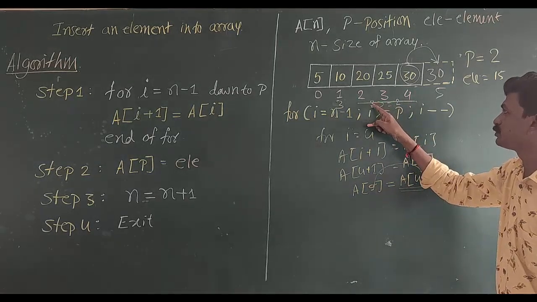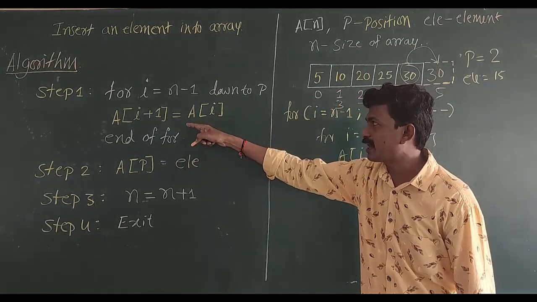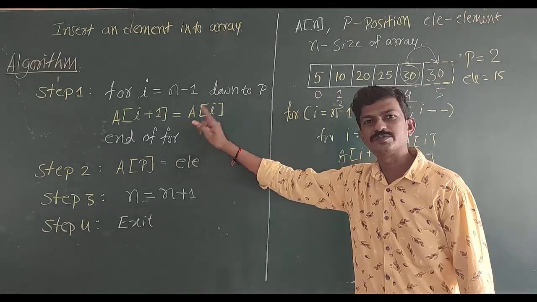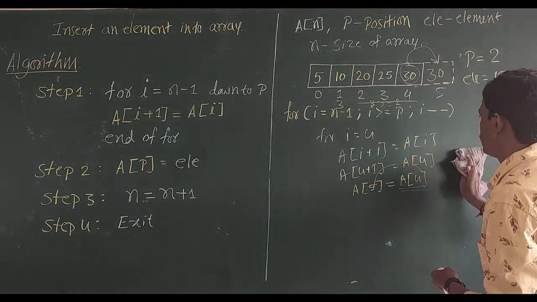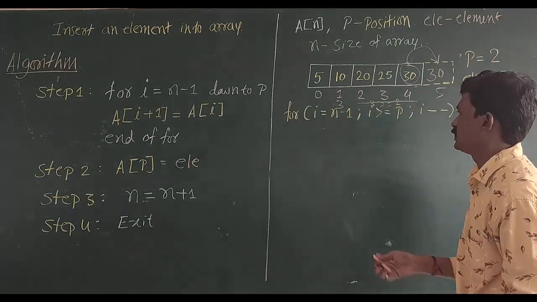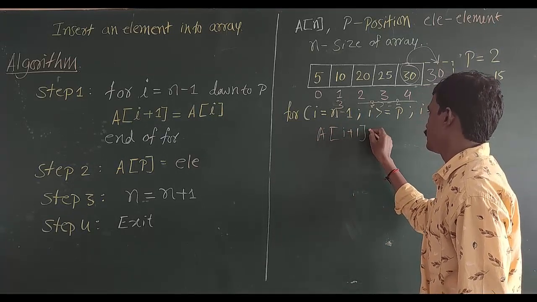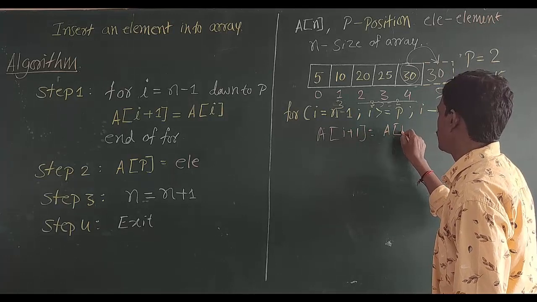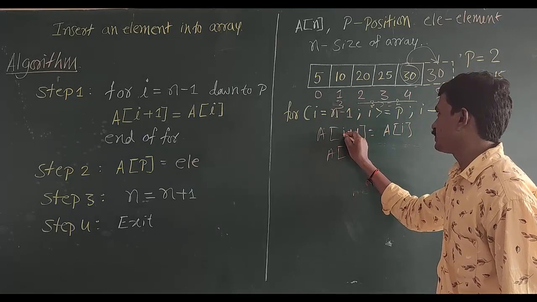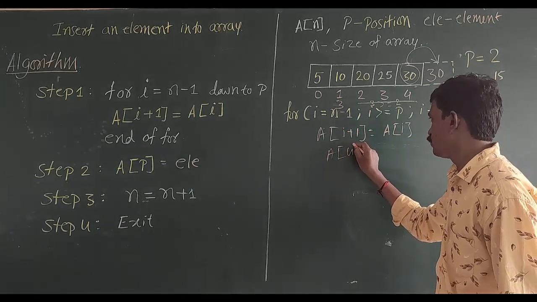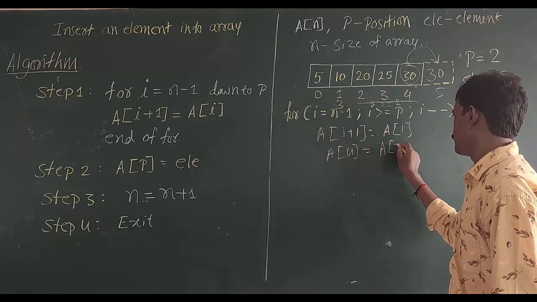So this condition becomes true, and it enters the loop. Whatever value I have at index 3 should be shifted to index 4. A of i plus 1 equal to A of i. The i value is 3, A of 3 plus 1 is 4, A of i is 3.